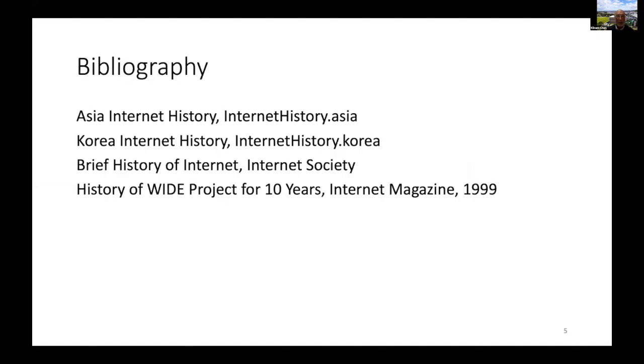Okay, bibliography. If you want to know more, go to Asia Internet History at internethistory.asia. Volume 1 describes the 1980s. Volume 2 describes the 1990s. If you want a hard copy, you can get it from Google Books or Amazon, or you can download it from this website. And if you want to know the Korea Internet History, go to the internethistory.korea website.